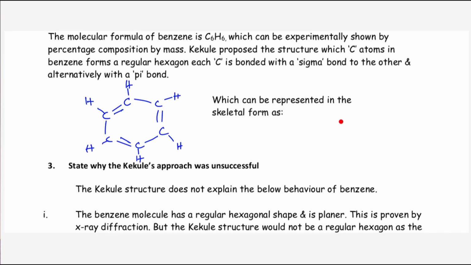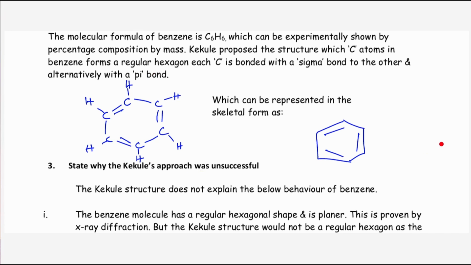You can represent this structure in skeletal form this way. It doesn't matter where you put the double bond, but it has to be alternate. If I put a double bond here, the next carbon will not have a double bond, otherwise that carbon will have 5 bonds. So alternate double bonds, and it doesn't matter where you begin and where you end.